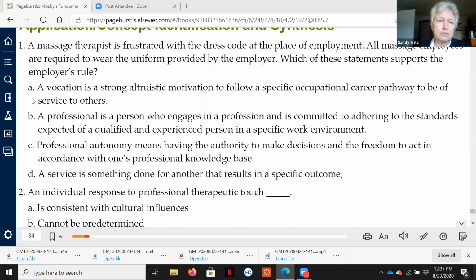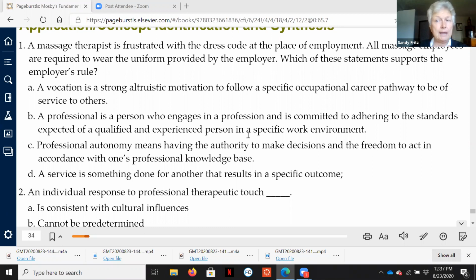So let's look at B again. So we've ruled out A, we've ruled out C, we ruled out D. So B is the correct answer. So let's see if we can figure out why. A professional is a person who engages in this profession, massage therapy, and is committed to adhering to the standards expected of a qualified and experienced person.